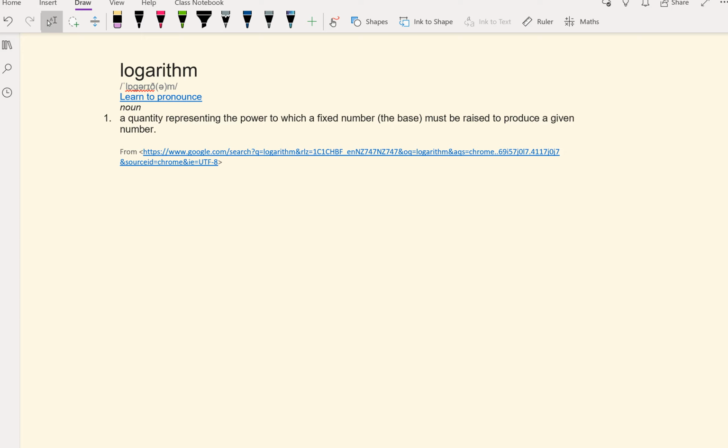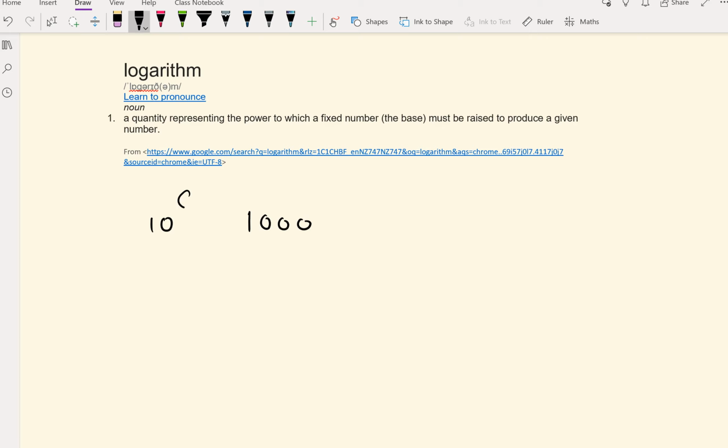A log is a quantity representing the power to which a fixed number, the base, must be raised in order to produce a given number. So in other words, if I wanted to make the number 1000 and I was working with a base of 10, what is the power I must raise 10 to in order to get 1000?